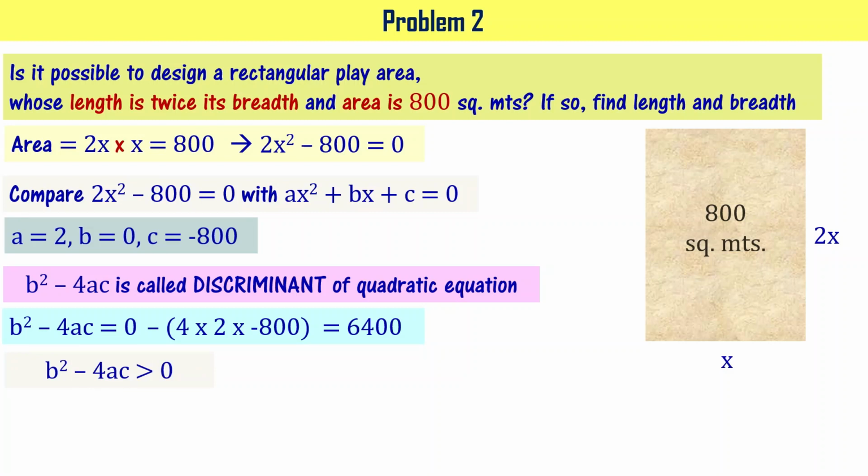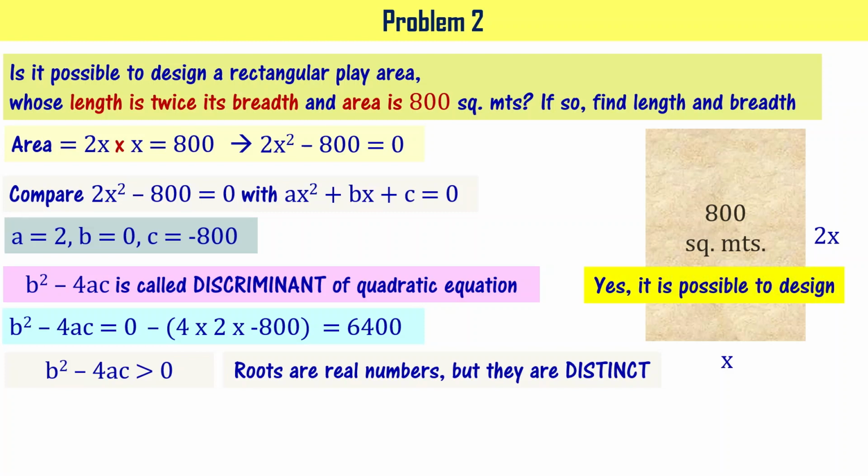It means b square minus 4ac is greater than 0. Hence, we can say that the roots are real numbers and they are distinct real roots, right? So we can answer the first part of the question saying that yes, it is possible, since real numbers exist as roots for this particular equation. We can say that yes, it is possible to design a rectangular play area with given specifications, right?